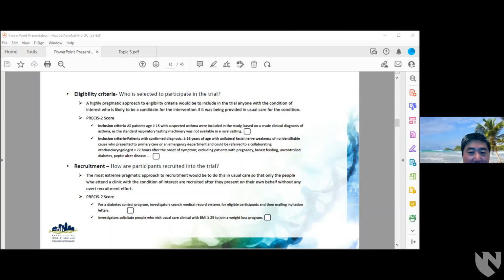Anybody above that age with unilateral facial nerve weakness of no identifiable cause who presented to primary care or the emergency department could be referred to the collaborating otorhinolaryngologist within 72 hours after the onset of symptoms. So obviously you're going to include those patients. It excludes patients with pregnancy, breastfeeding, uncontrolled diabetes, herpetic ulcer disease, those kinds of things. So that's the inclusion criteria.